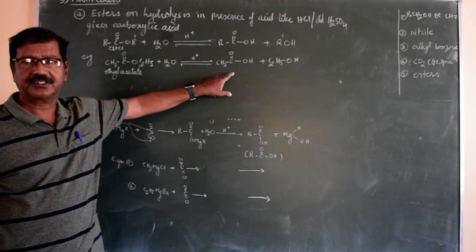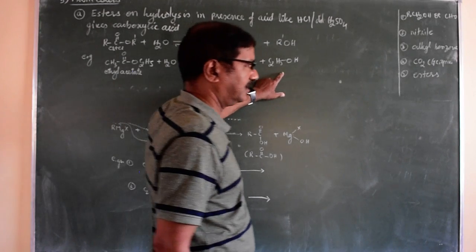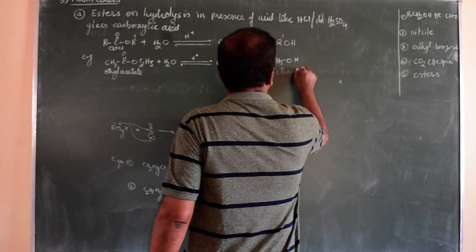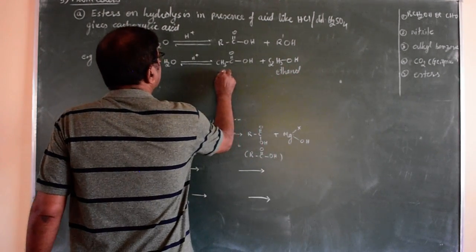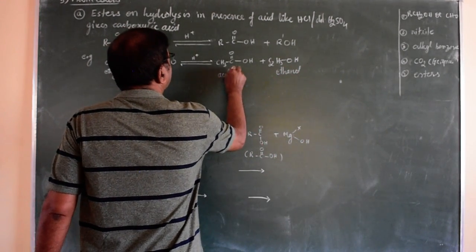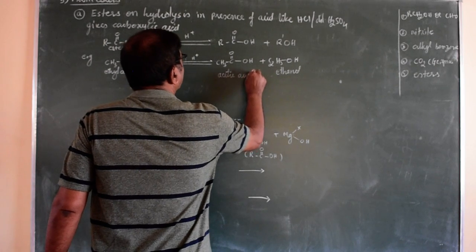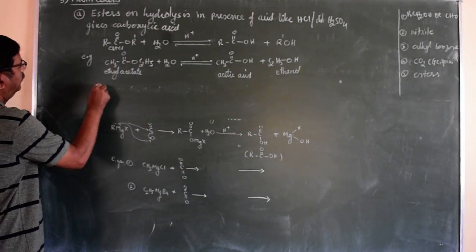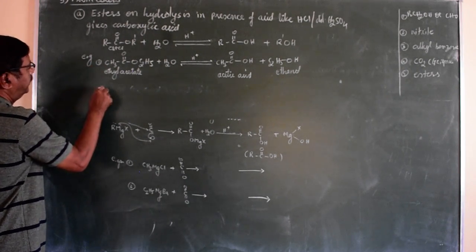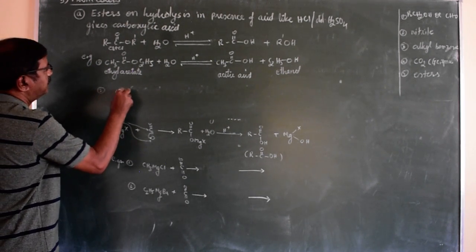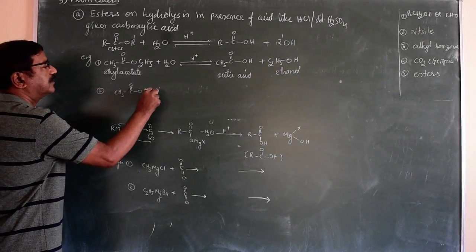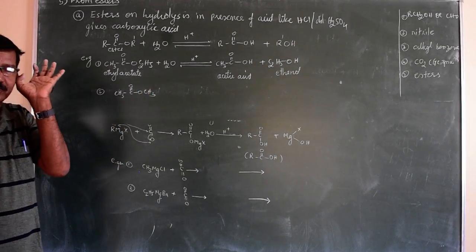This is called acetic acid. This one is called ethanol, or ethyl alcohol. Ethanol, and this is acetic acid. Second example, you can write this example or complete it at home: CH3 C double bond O OCH3. So you can complete this one at home.